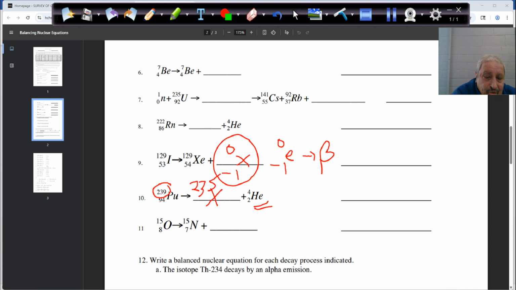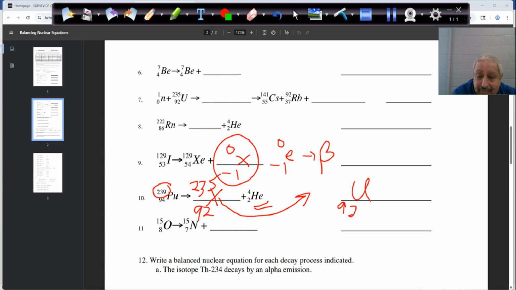Correct. What will be the atomic number? 92. That's uranium, correct? So our X here is uranium.